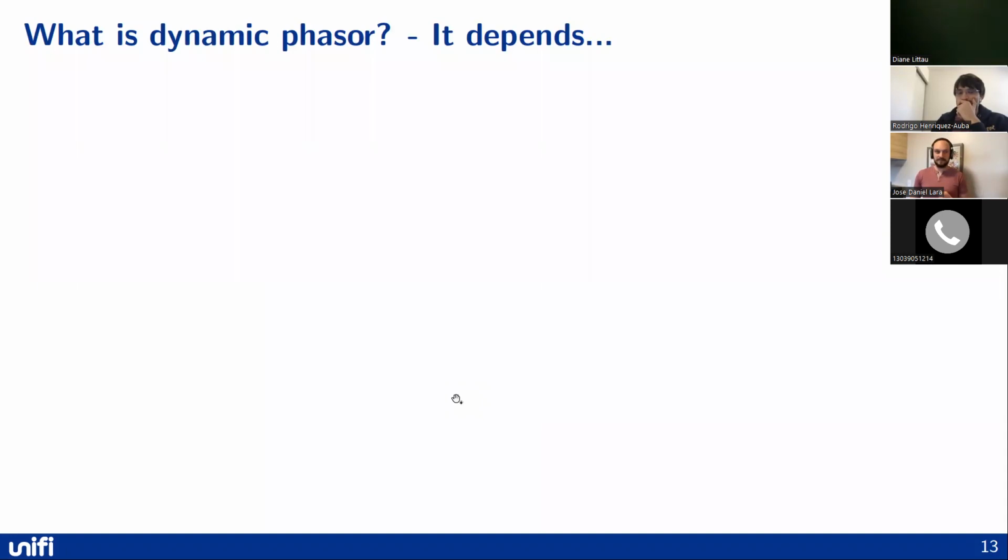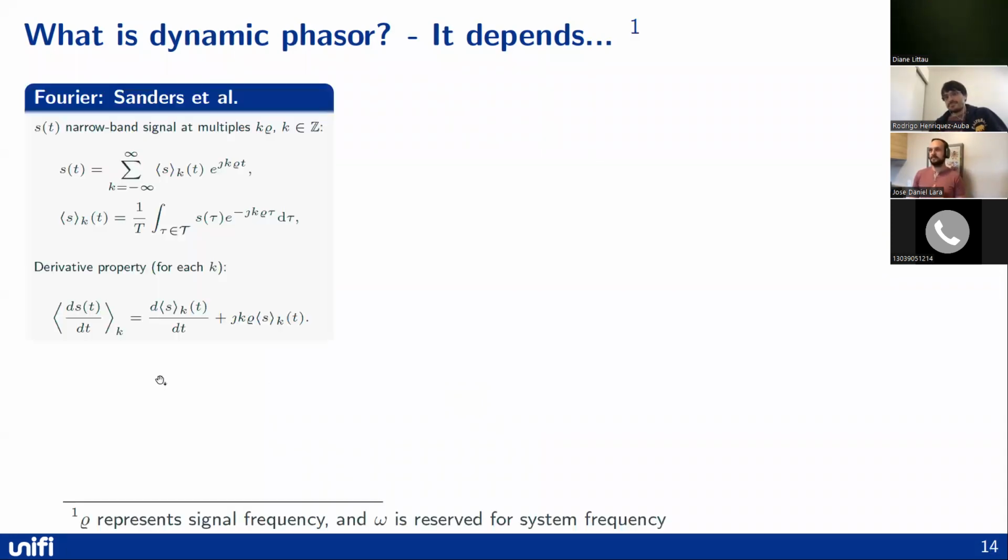This was interesting, and one of the most interesting discoveries in the development of this paper is that for Sanders and his co-authors, in 1991, dynamic phasors are basically this notion of the Fourier representation of an almost periodic signal, where you have some narrow band multiples of a particular frequency.